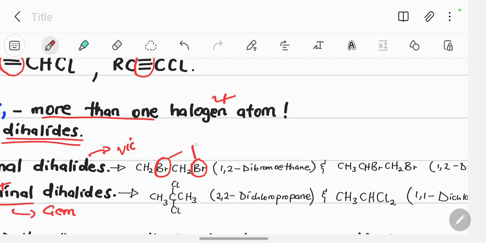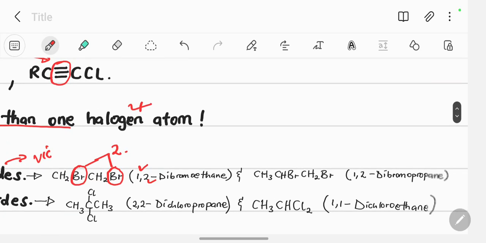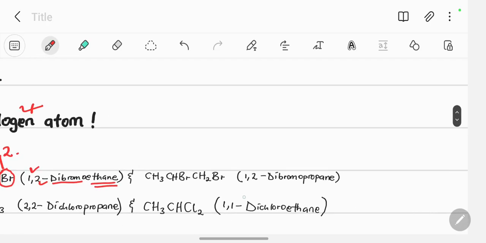So one bromine atom is attached to the first carbon atom, then the second attached to the second carbon atom. So we shall give it 1,2-dibromo, then ethane is the parent chain.